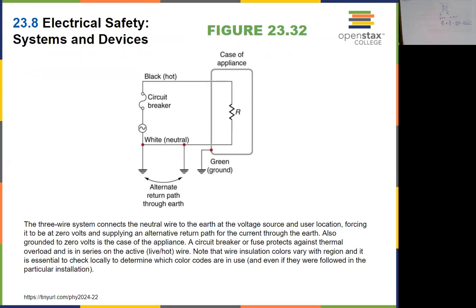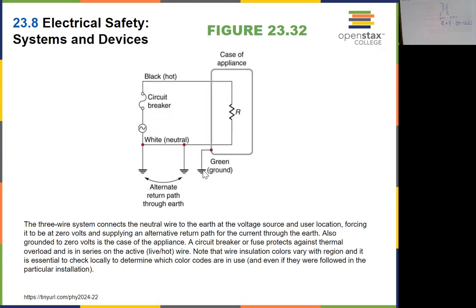All right, let's move on. Electric safety. We have talked about two possible electrical hazards: thermal hazards or shock hazards. To prevent shock hazards, another approach is to have the appliance grounded. Usually for large appliances, you see there's a ground wire on the power cord. That will ground the appliance.